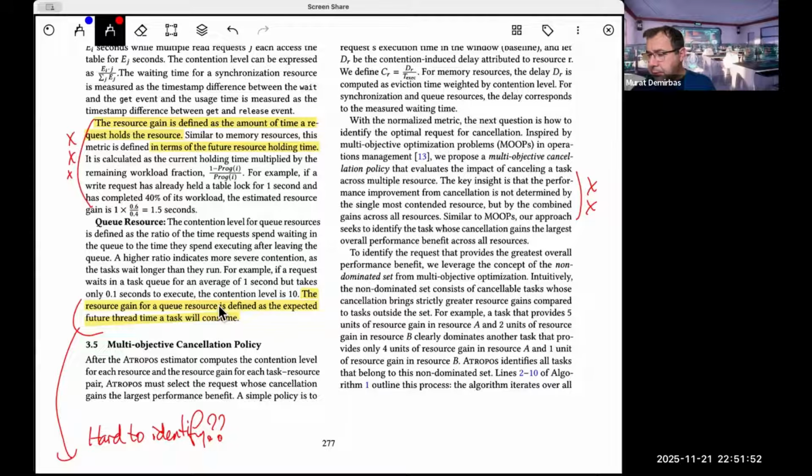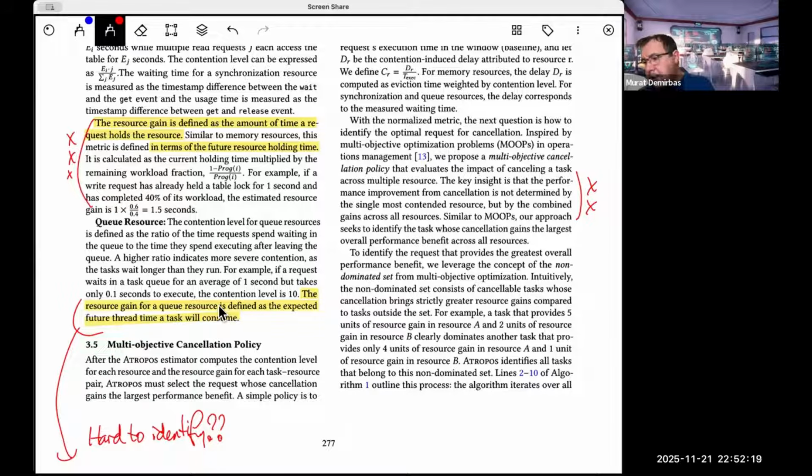For example, that's interesting. A task that provides 5 units of resource gain in resource A and 2 units of resource gain in resource B clearly dominates another task that provides only 4 units of resource gain in resource A and 1 unit of resource gain in resource B. Atropos identifies all tasks that belong to this non-dominated set.